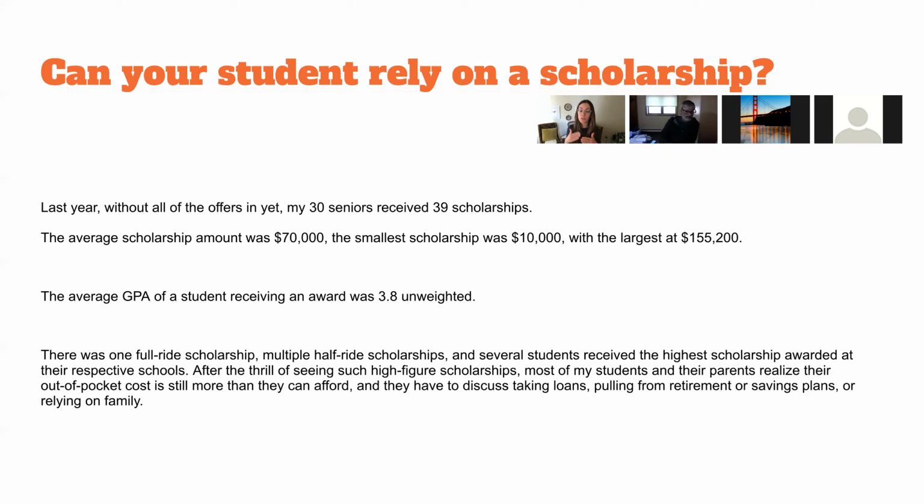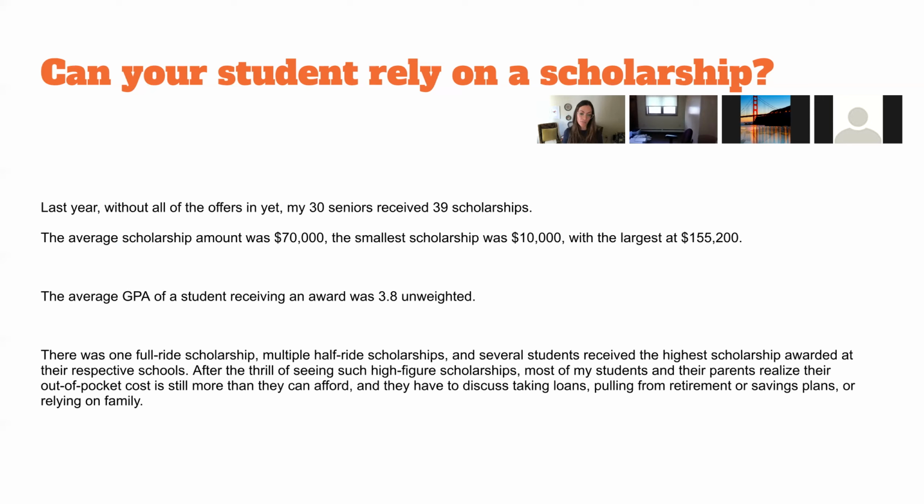So it's a good idea to be smart about the list of schools your student is applying to, and make sure that you're comfortable with your net price, and everyone is in agreement about how much skin in the game the student is going to have, if loans are going to be taken out, et cetera. There are multiple half scholarships available. Several students get those.